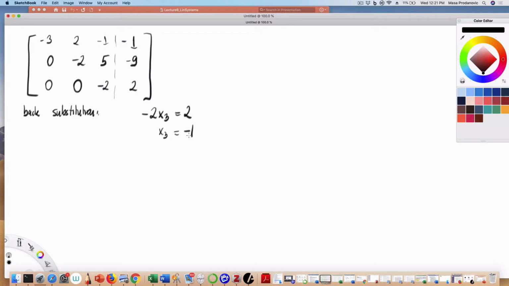Then I go into my second row, -2x2 plus 5 times x3, but I know what x3 is. It's -1. It is equal to -9. So -2x2 is equal to -4. x2 is 2.